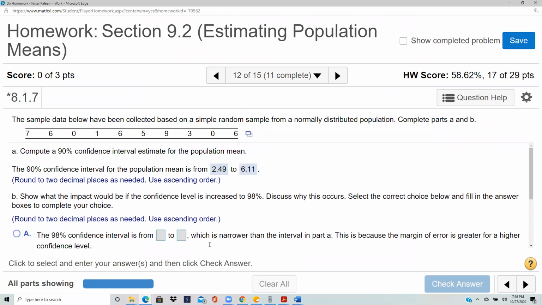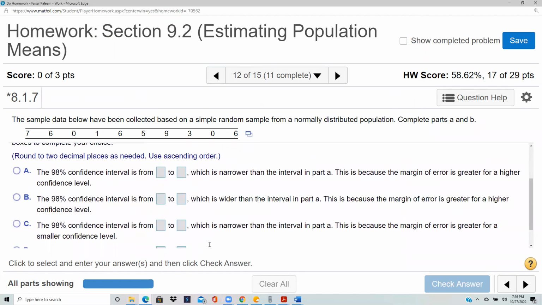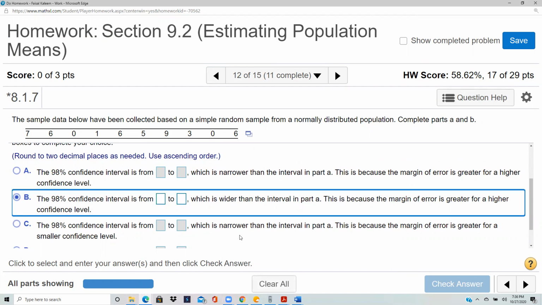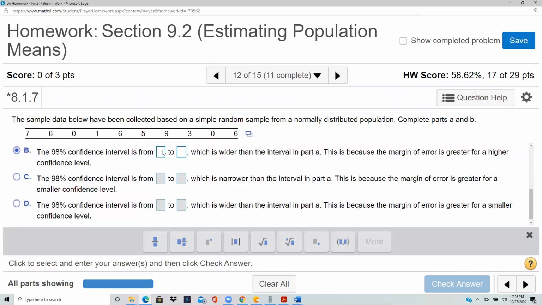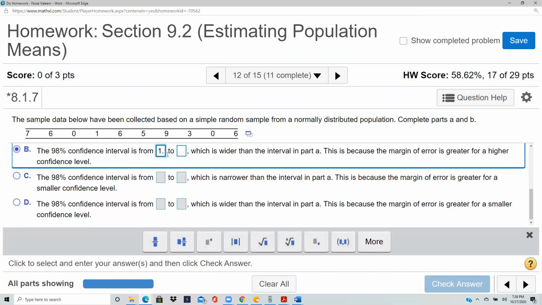That's a wider interval, because the margin of error is greater for a higher confidence level. So 1.51 to 7.09. And why is it wider?